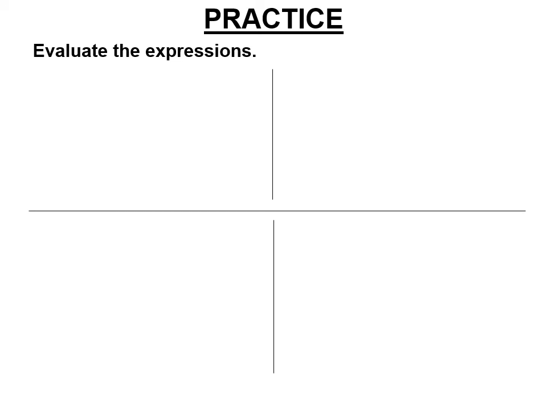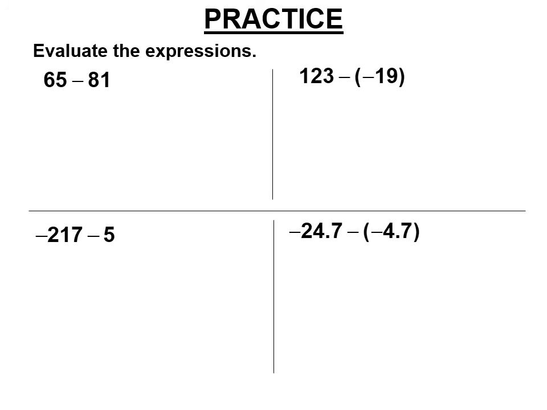So we're at practice. Do all 4 of these problems before I put up the answer. Right, the bigger absolute value number has to go up top. You can't do 65 up top there.